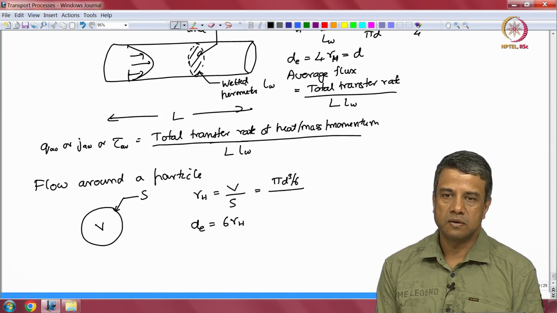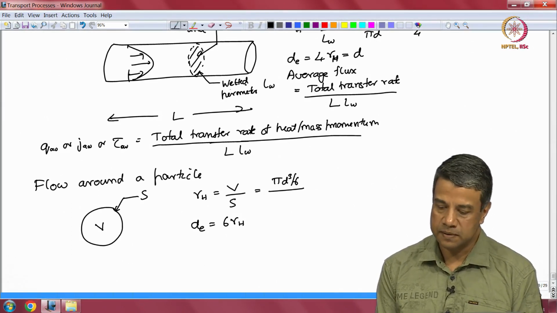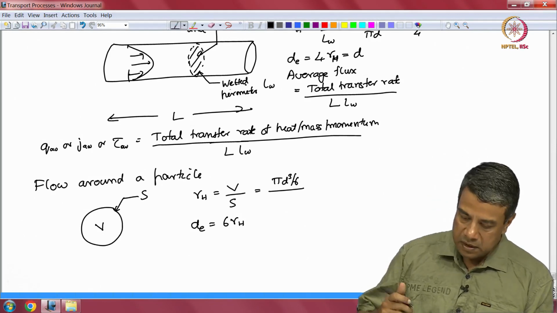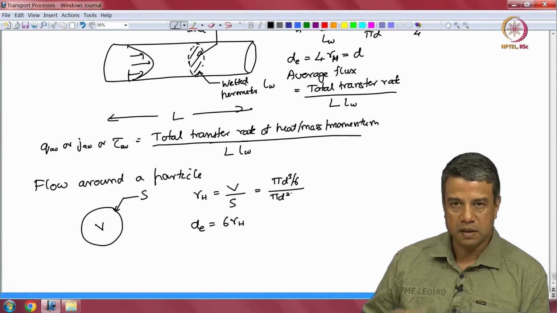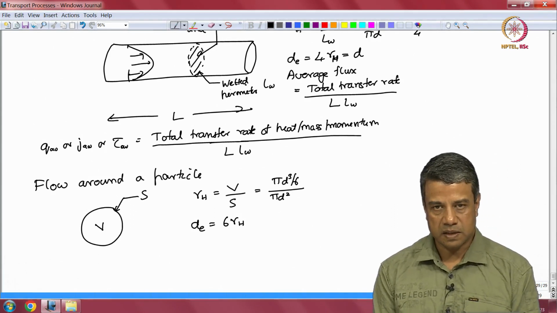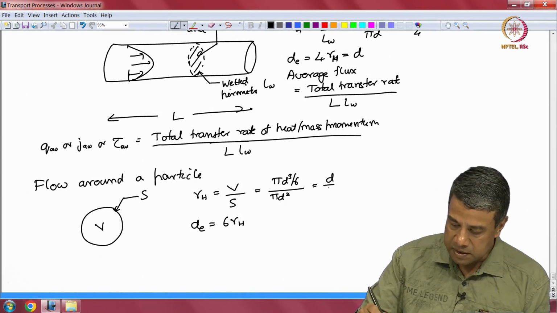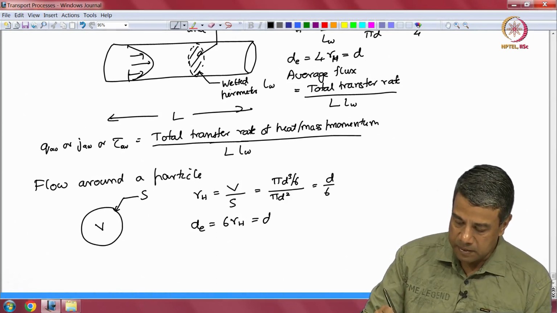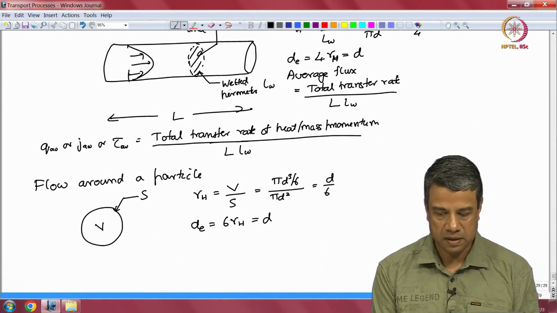If you just substitute r equal to d by 2, you will get pi d cubed by 6 as the volume. The surface area is pi d square, or 4 pi r square, where r is the radius. So, V by S is equal to d by 6. Therefore, the equivalent diameter is the same as the diameter for a spherical particle. So, that is why it is chosen in that way.